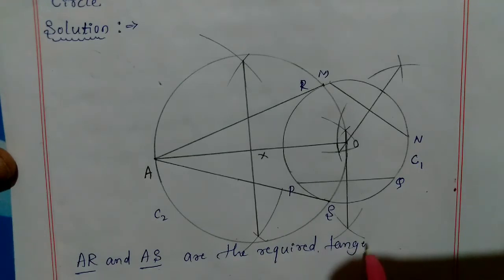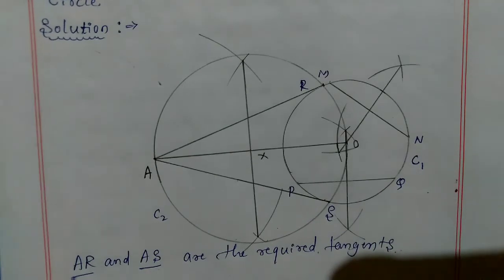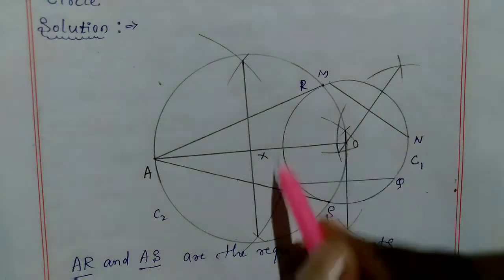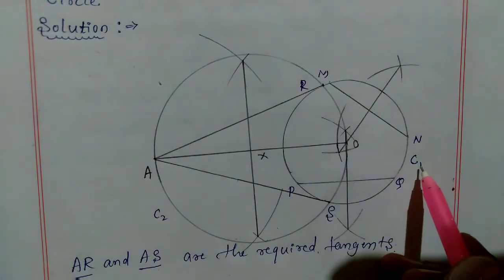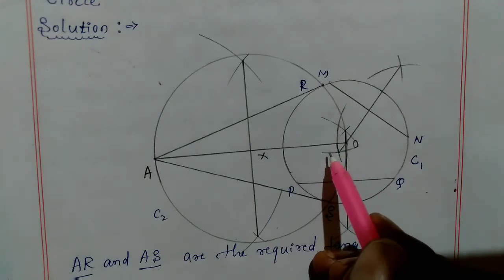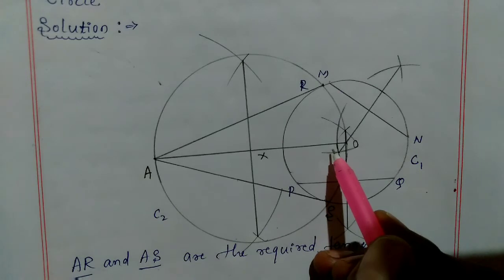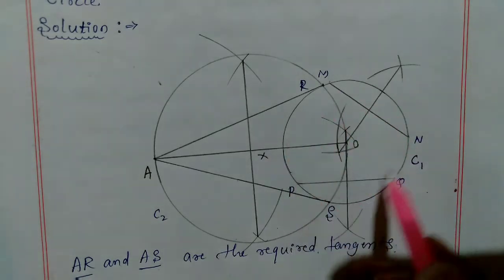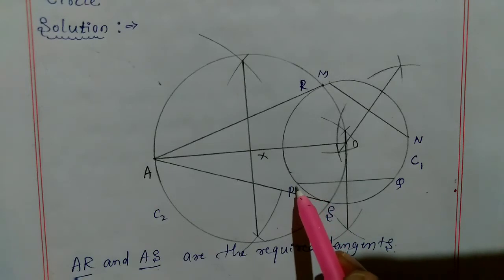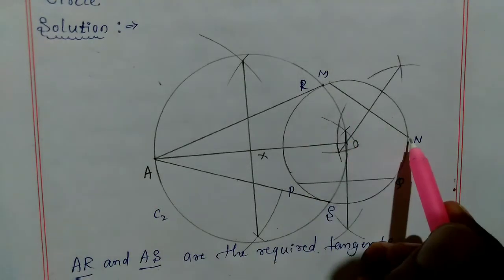Once again I will repeat. First, with the help of a bangle you can draw one circle, that is the C1 circle. Here you don't use a compass because in the question it says with the help of a bangle. After that you can draw two non-parallel chords.